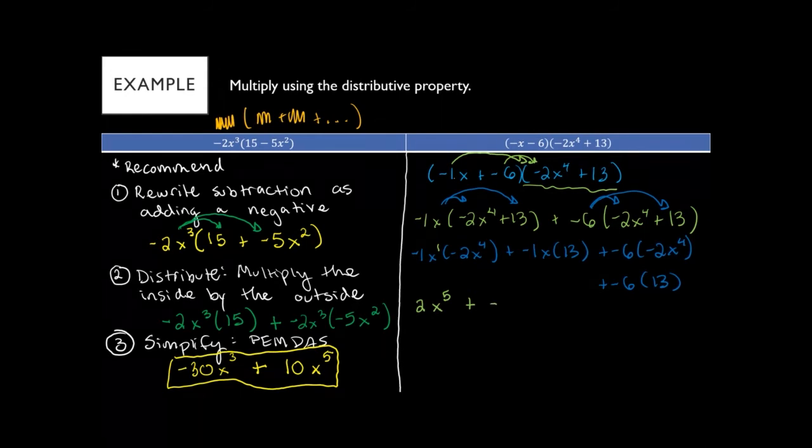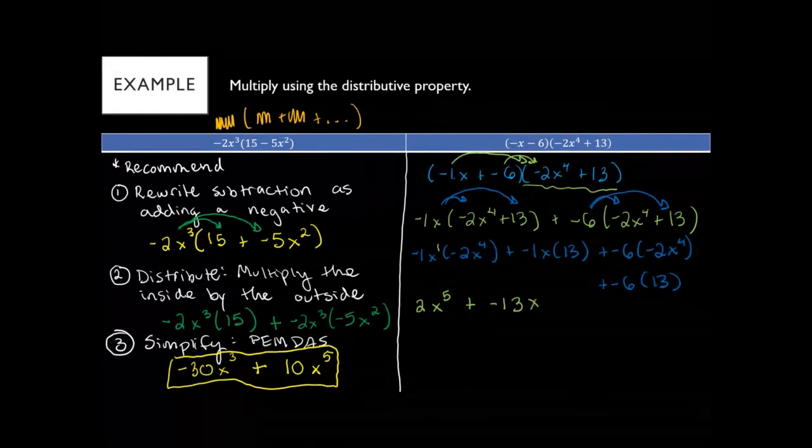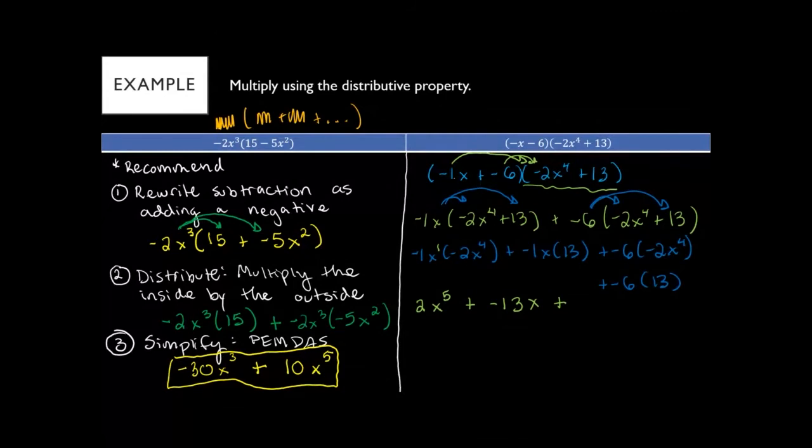So negative 1 times 13 is negative 13, and then I have x. Then plus negative 6 times negative 2x to the fourth. So negative 2 times negative 6, that's 12x to the fourth. And then I have a negative 6 times 13, which I need my calculator for. I cannot do that one mentally. 78, so that's a negative 78.